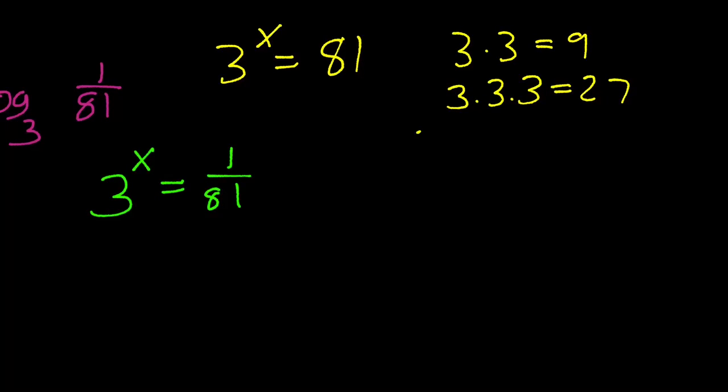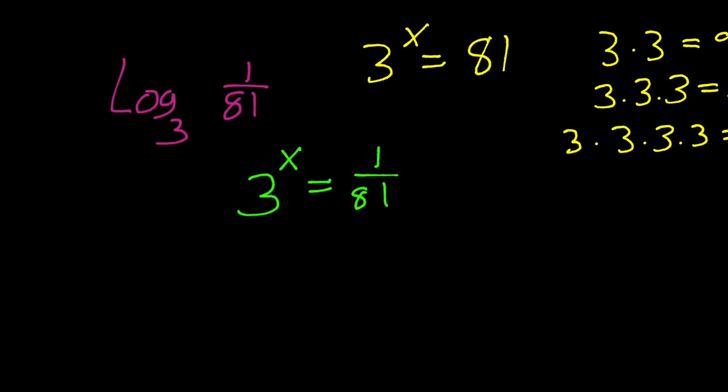And if I do one more, 3 times 3 times 3 times 3, that's going to give me 81, which I want. So, if I have 3 to the x equaling 81, for this, x must be 4. And since I have 1 over 81 here, this must mean x equals negative 4. Because you still get 81, but if it's a fraction, you've got a negative.